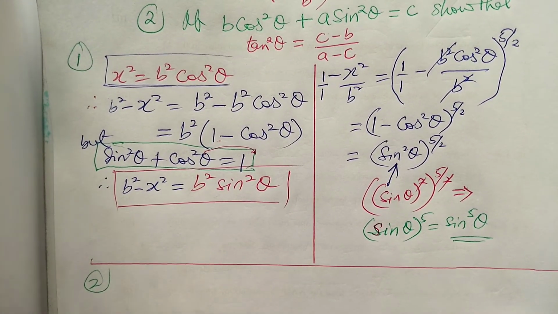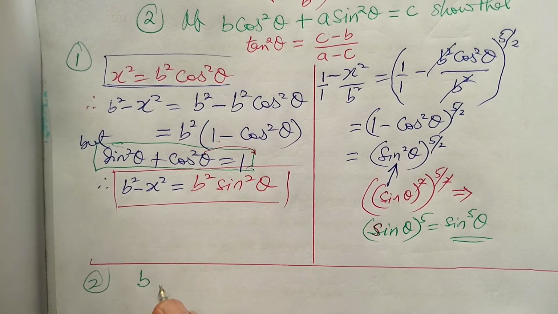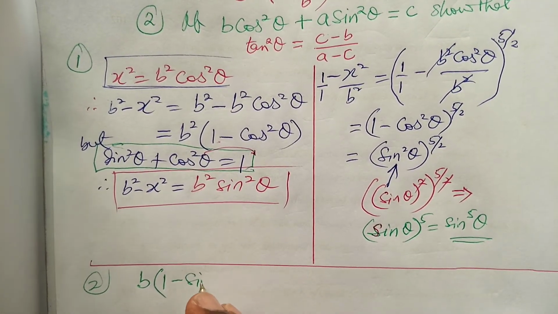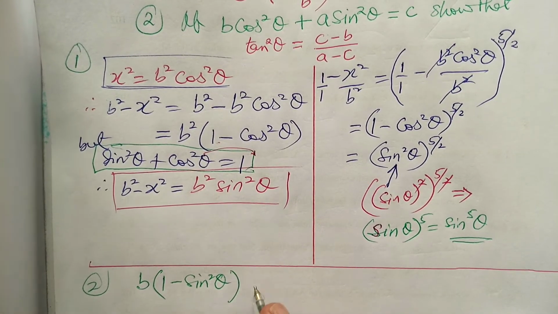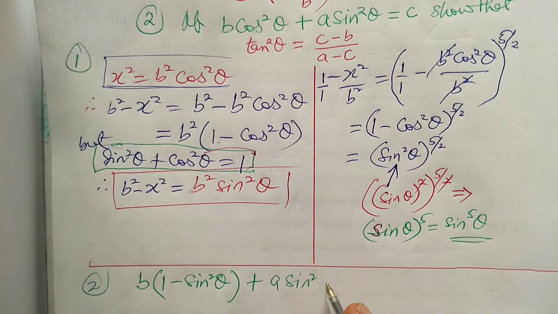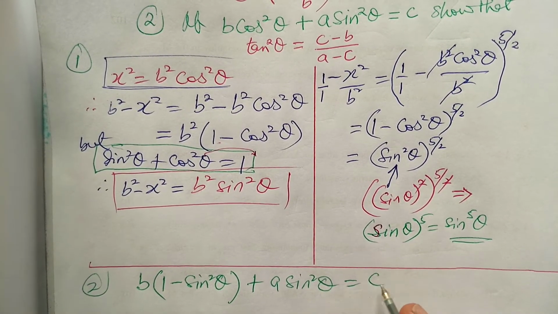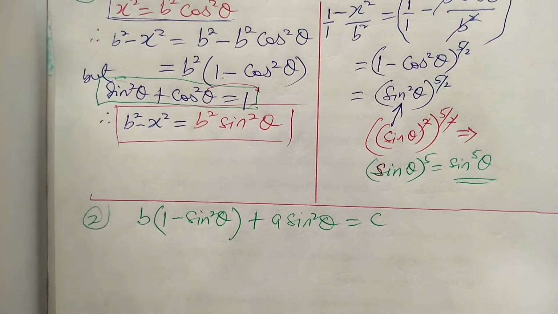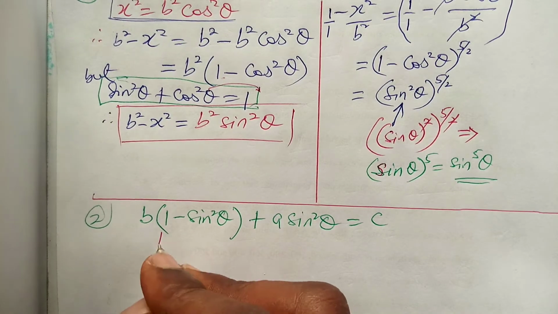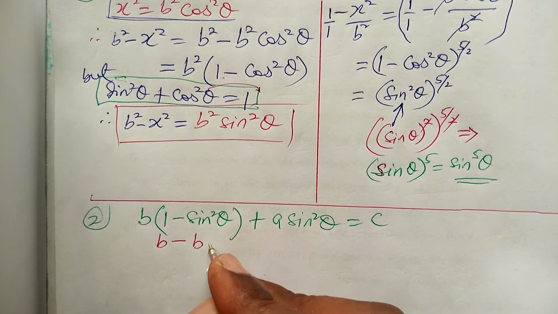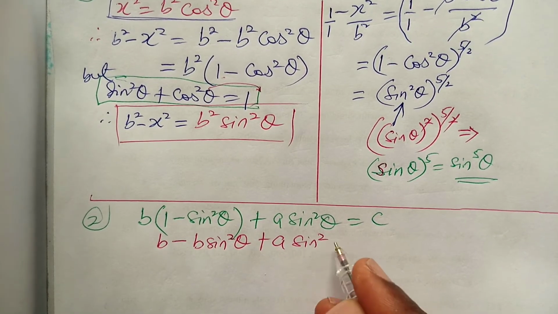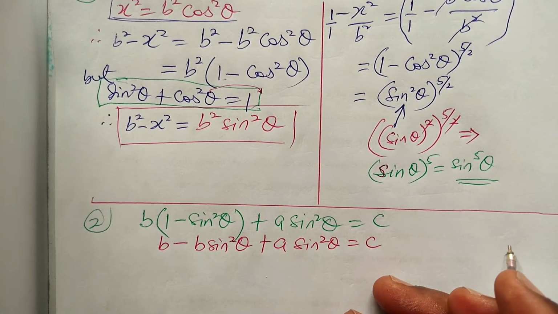If we put it there, we will have b into 1 minus sin squared theta plus a sin squared theta is equal to c. If we open this bracket, we will have b minus b sin squared theta plus a sin squared theta is equal to c.